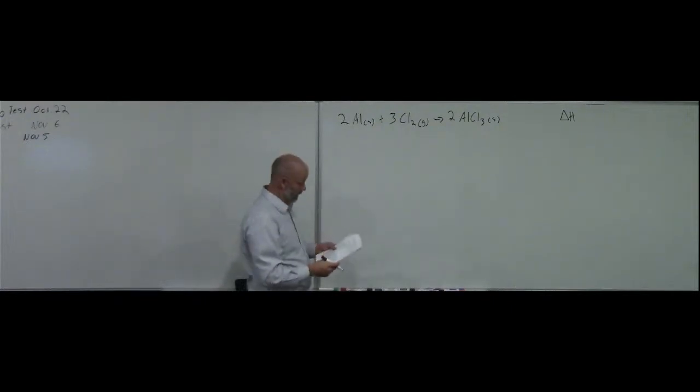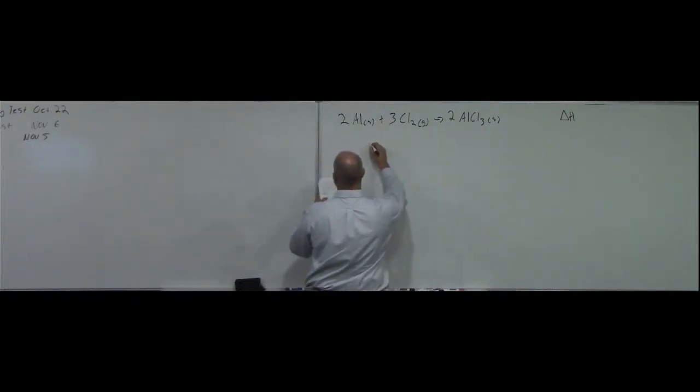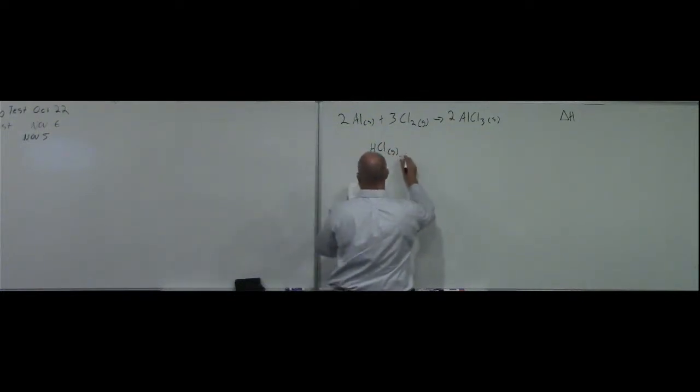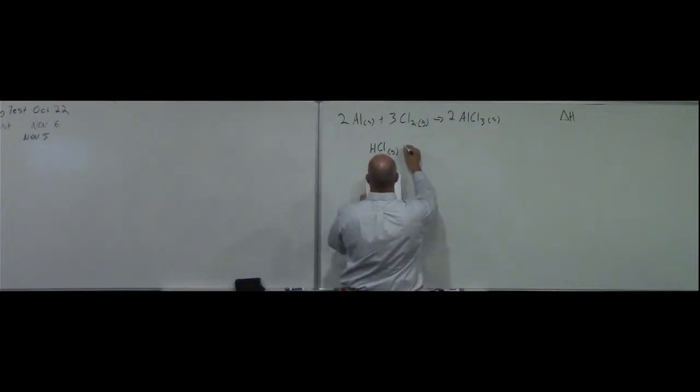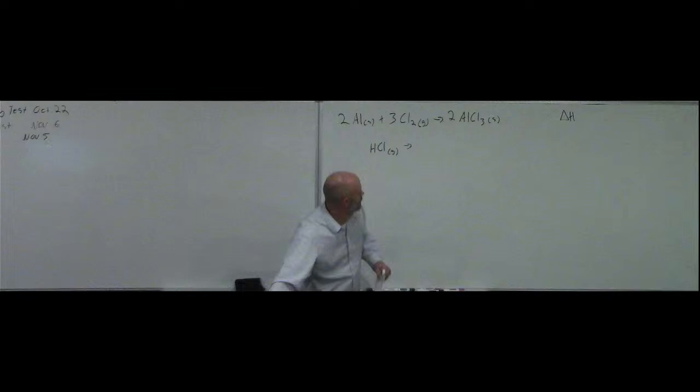We're given 4 things. There are 4 steps that we're given here. The first one is this, and I would write these down if I were you, okay? We're given HCl gas, converts to HCl. Actually, let me put this in the middle.